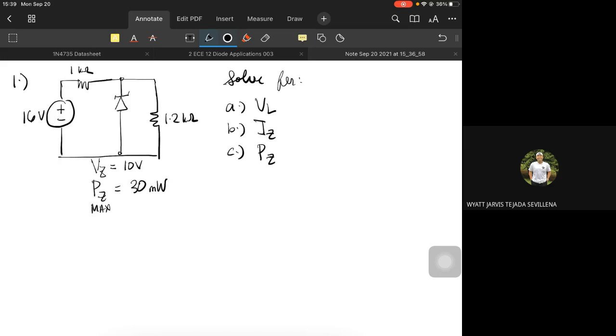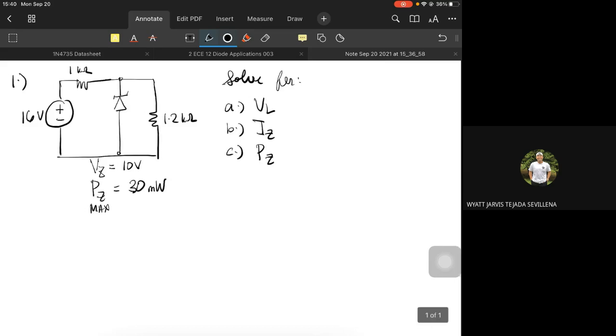So it's important for us to know if the power dissipated, or consumed, by our Zener diode has not yet reached the maximum, which is 30 milliwatts. Because if it reaches that, the diode will be destroyed, even if it conducts in the reverse bias region.